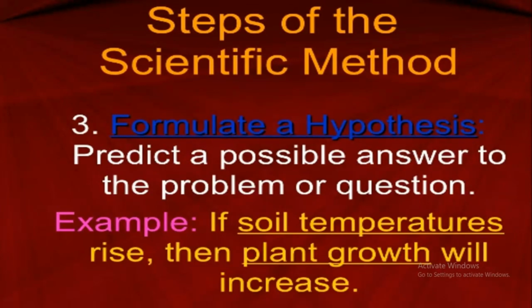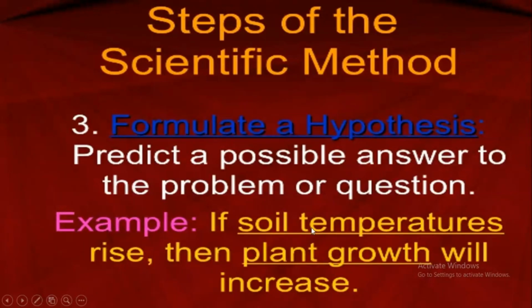For example, if soil temperatures rise, then plant growth will increase. So here, if soil temperature rises, this is the problem or this is the observation that needs to be tested. So, if soil temperature rises, then plant growth will increase. So, basically, plant growth is dependent on the temperature of soil.